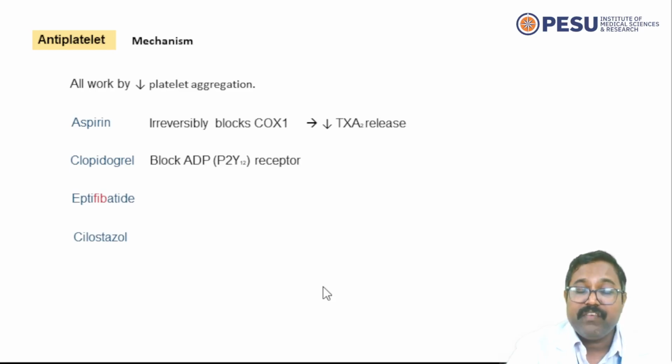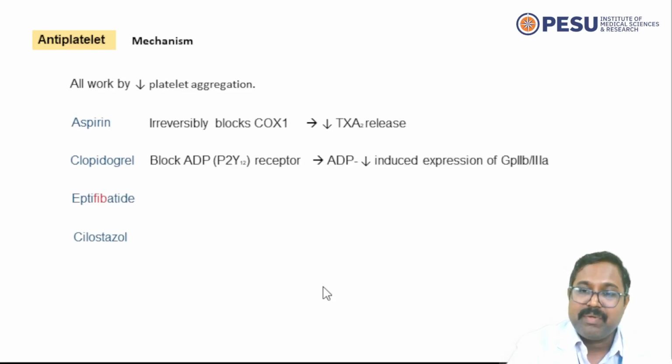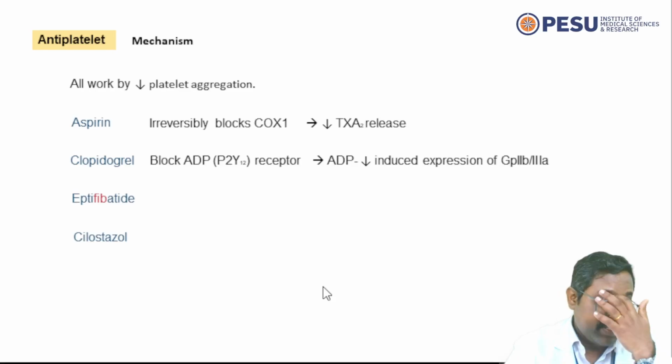Clopidogrel will block the ADP, that is the P2Y12 receptors, thereby it causes decreased ADP-induced expression of glycoprotein 2B3A. So basically by inhibiting the ADP receptors, the expression of GP2B3A will be reduced.